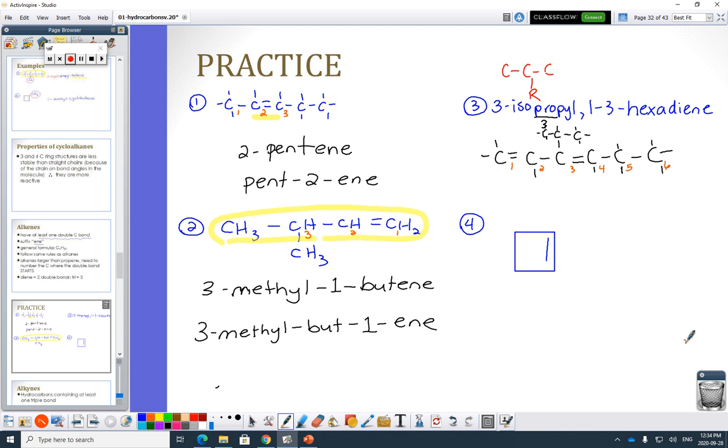Yes, Lauren? Yes. So this is like the hex part. That's this. So those isomers have to be connected to something else. Yes. Yes. I can do that.